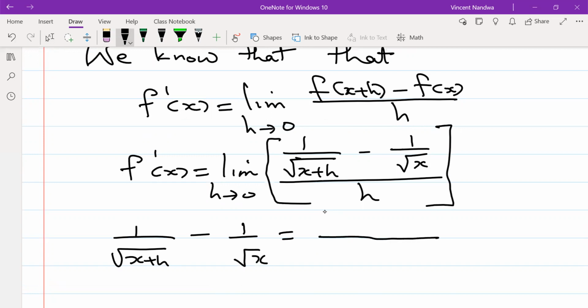So the LCM is not really, just the product of these two. So square root of x times square root of x plus h. So this into the LCM.